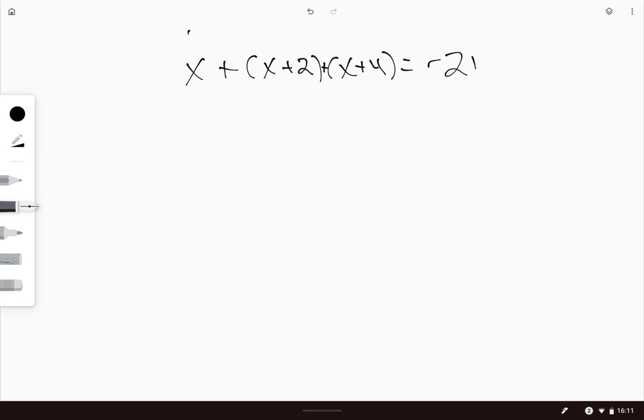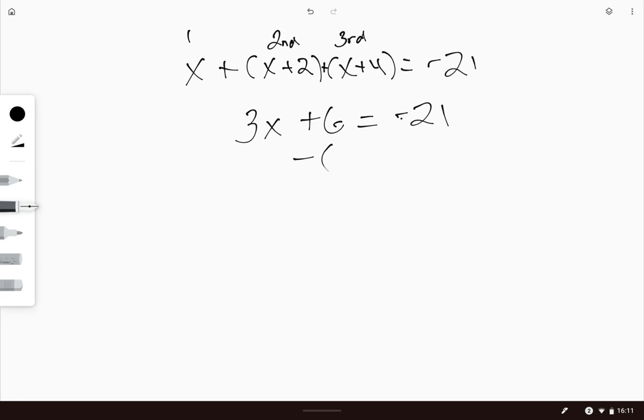All right, so again, here's my first, my second, and my third for the 3 consecutive integers. So x plus x again is going to be 3x. 2 plus 4 is 6. All of that equals a negative 21.